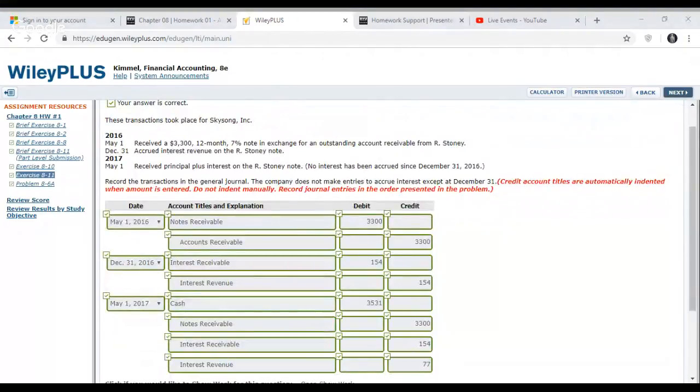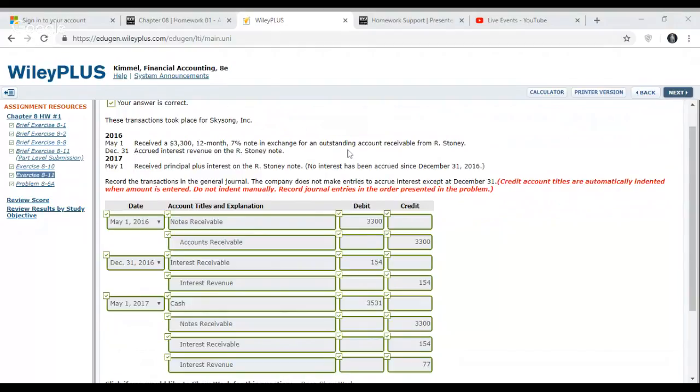I have the calculations laid out in my Excel sheet. To find our interest, we have the face value of the note times the annual interest rate times the time in terms of 1 year.